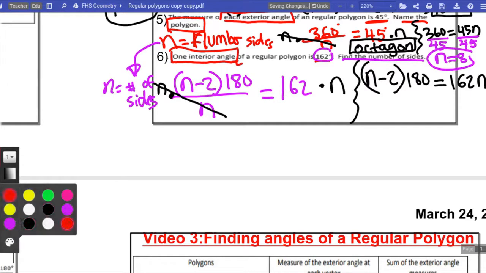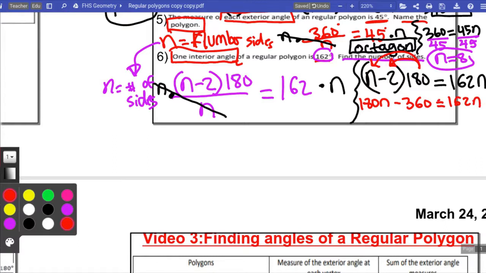Now you can use the distributive property. This is where your algebra skills come back. You multiply 180 by n and by -2. 180 times n is 180n, and 180 times -2 is -360, equals 162n.